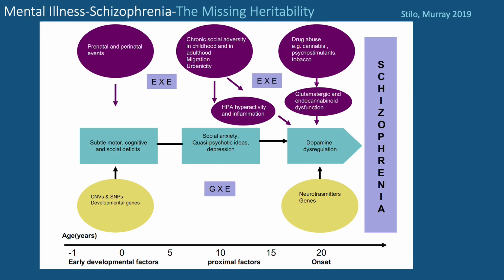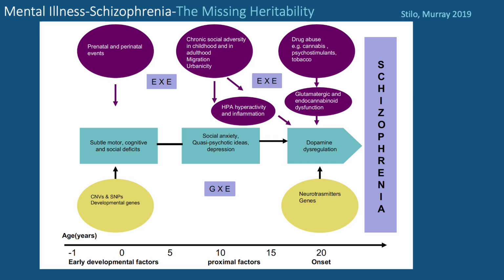It starts with a -1, because we are talking about the influence of genetics and the environment on the baby in utero. 0 represents the birth of the child, and then we see the age increasing.